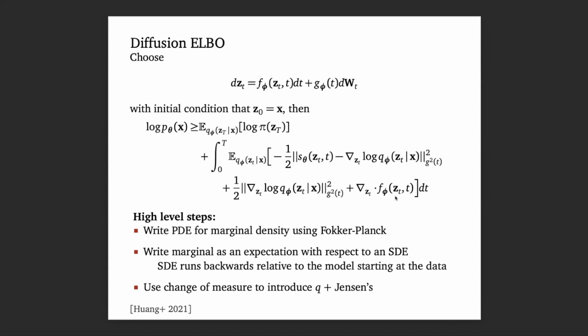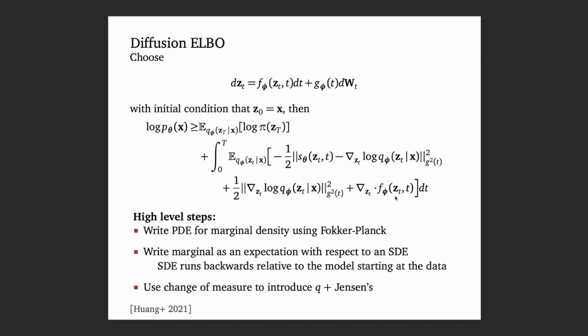So some of the properties that we would need to have a lower bound, or to maximize a lower bound, would also be true if I'm trying to do score matching. The high level steps for carrying it out, if you were to open the textbook and just do this: the first step is you write the partial differential equation for the marginal density. And that is the Fokker-Planck equation that I mentioned. The next step would be, well, I can't solve the PDE, but there's a connection between PDEs and SDEs, which is the Feynman-Kac formula, which will let me write the marginal density I care about as an expectation with respect to a particular SDE.